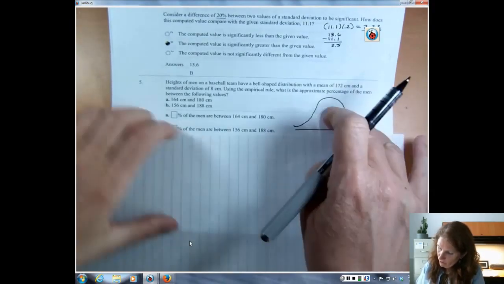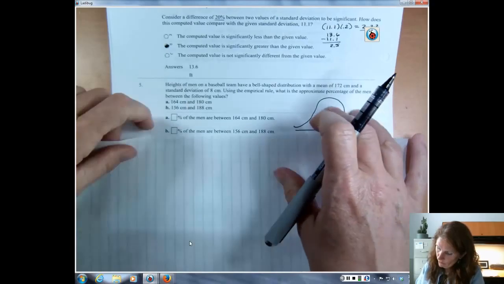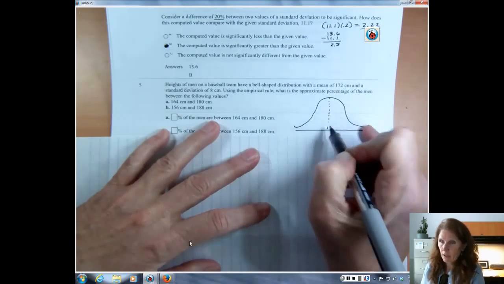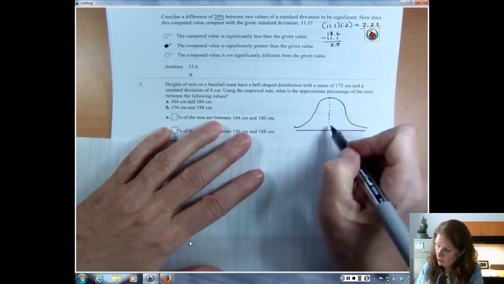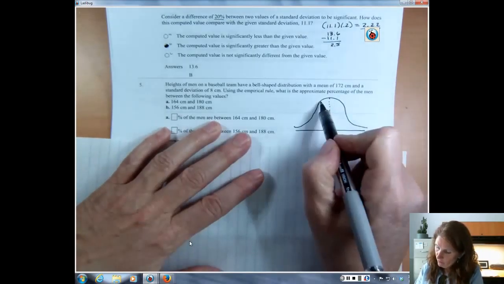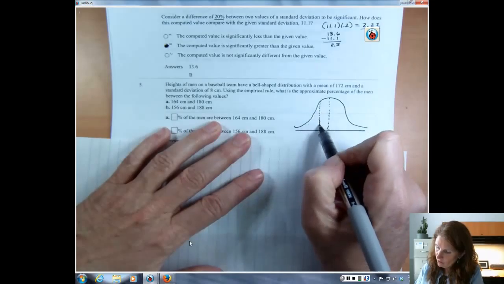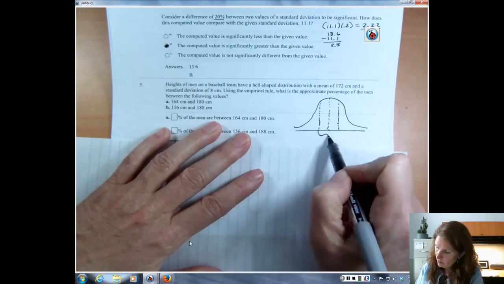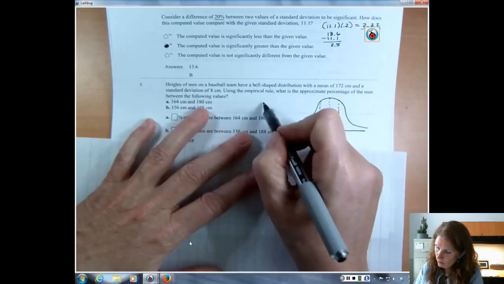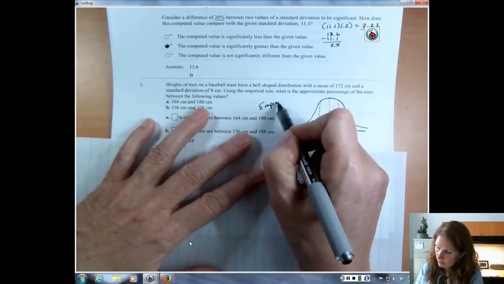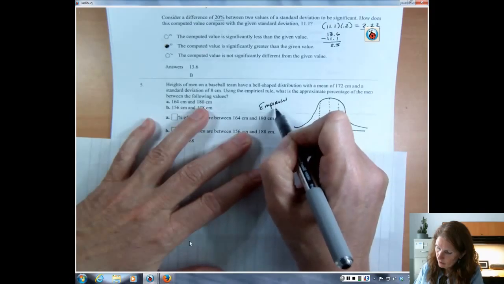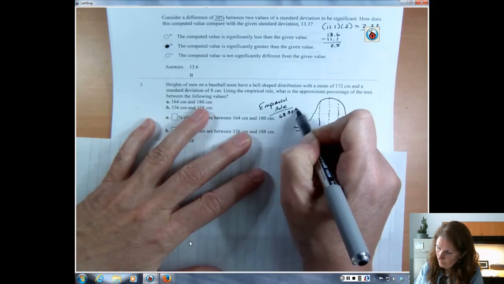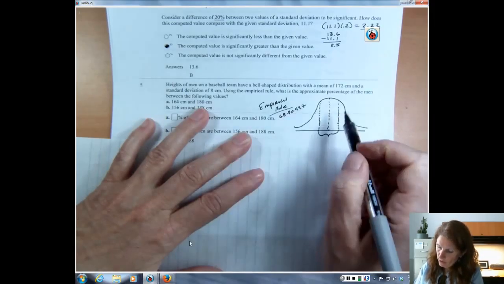My drawings are not so cool, but if I have a normal distribution, there's my mean, this should come straight down. If I am one standard deviation to the left and one to the right, the empirical rule... oh, it's 95.